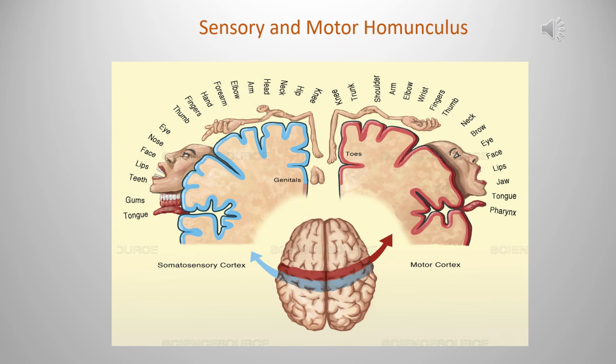So that enables us to map out the sensory cortex, which is the post-central gyrus of the parietal lobe, and we have mapped out the motor cortex, which is the pre-central gyrus of the frontal lobe. And so that mapping out of those things is called a homunculus.